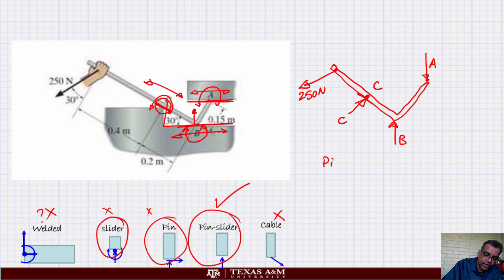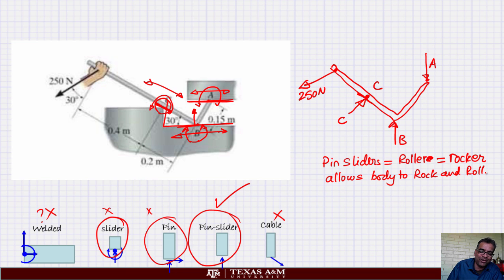So pin sliders equal to roller equal to rocker, all these things are the same, allows a body to rock and roll. You know what I mean, right?